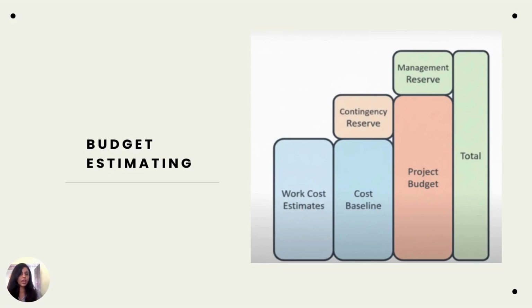But for now, contingency reserve is nothing but quantitative risk analysis, when you multiply probability into impact, and you total for each task. The total amount you get is what we add into the contingency reserve. And management reserve is reserved for unknown risks, or if the scope changes from the management and some additional requirements are added. These costs we take from the management reserves.